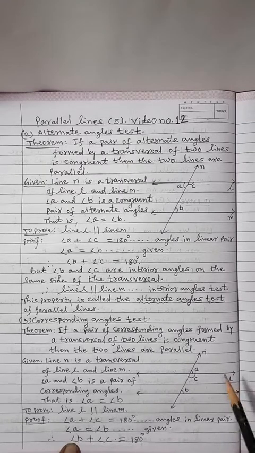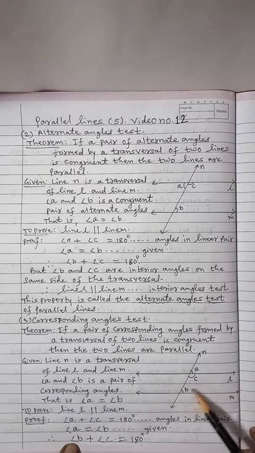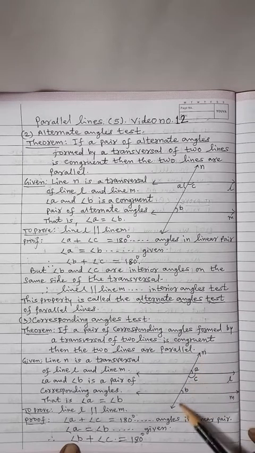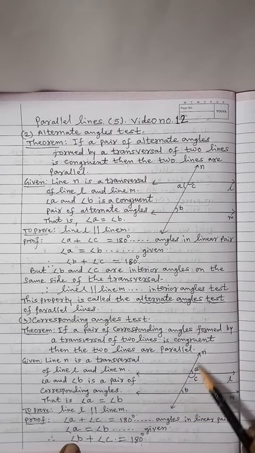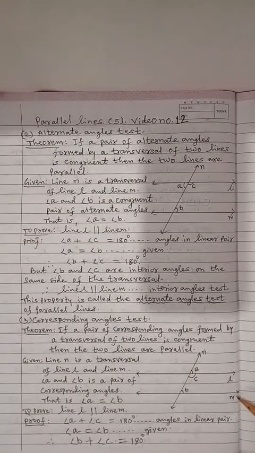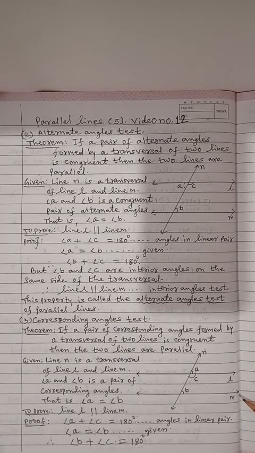But see here, angle B and angle C are the interior angles on the same side of the transversal. And how are they? They are supplementary. So how are the lines? Line L is parallel to line M. The result that we have to prove. Are you getting it? So see here.